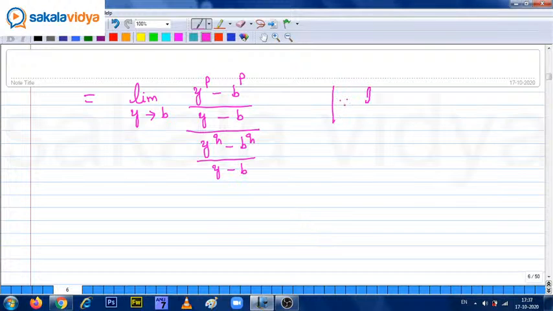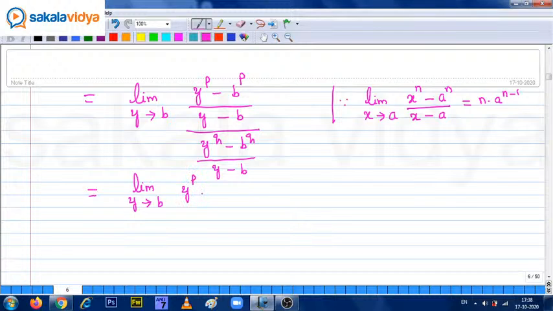Already we have discussed limit x tends to a, in case 2 and case 3, x to the power of n minus a to the power of n upon x minus a equals n times a to the power of n minus 1. The same limit can be applied to the denominator also.